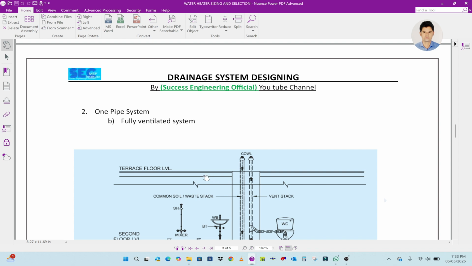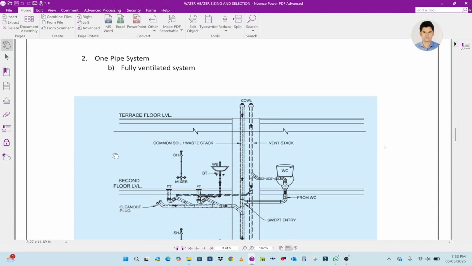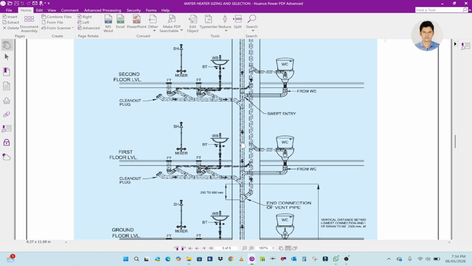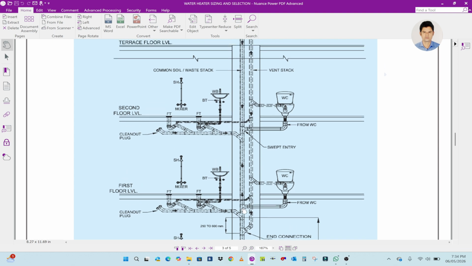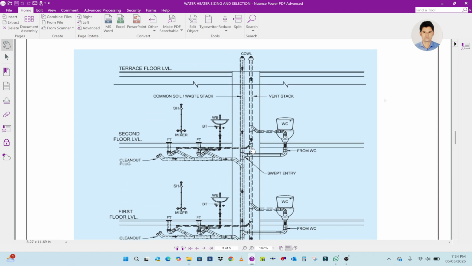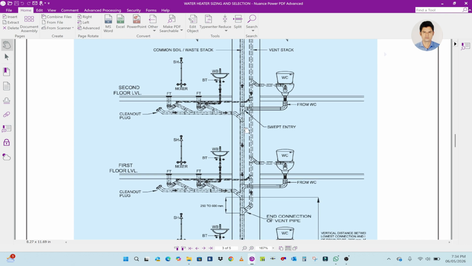Next one is one pipe system, fully ventilated. Here you can see the waste and soil appliances are all connected through this ventilated vent pipe. This is the vent pipe for the soil appliances, and this is the vent pipe for the waste appliances.